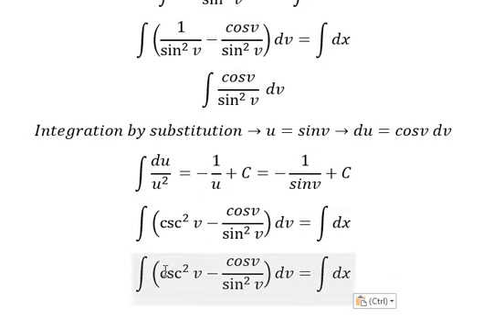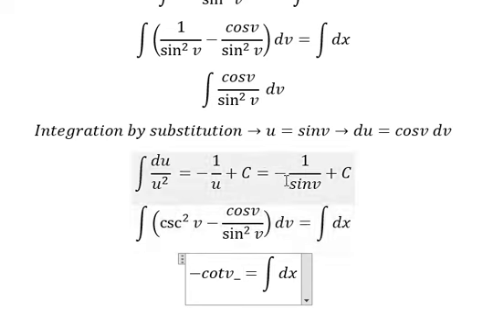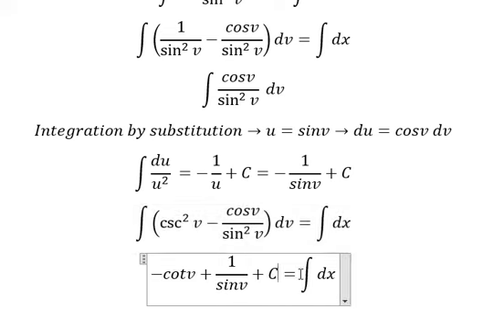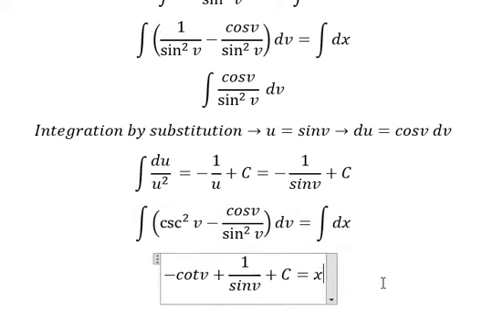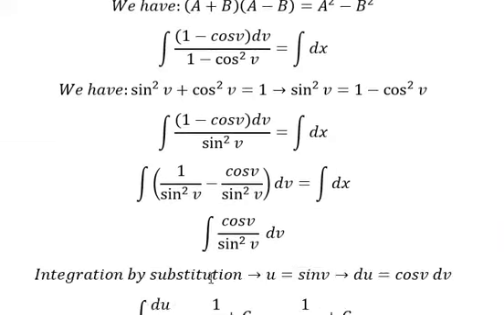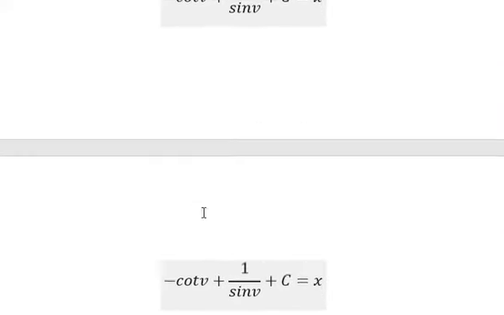The integration of this one we have negative cosine v. The next one, negative and negative we have positive. This one we have x. About v, that is about this one.